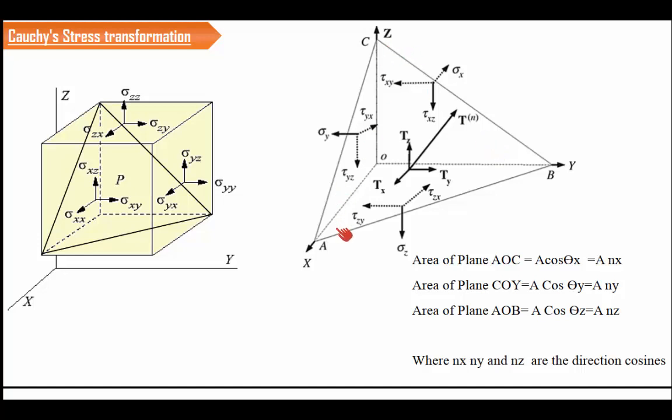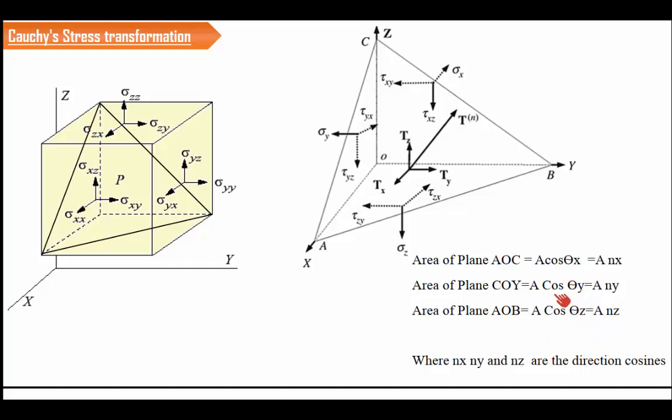Then this particular plane makes an angle of theta x with the x axis, theta y with the y axis and theta z with the z axis. If we resolve this particular area onto AOC, the value is going to be A cos theta x. In a similar manner, if we resolve the area ABC onto the yz plane, it is going to be A cos theta y. And if we resolve this onto the xy plane, it is going to be A cos theta z.